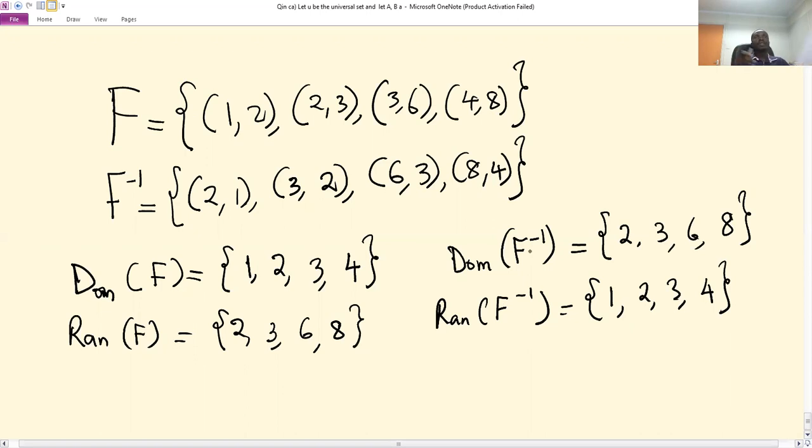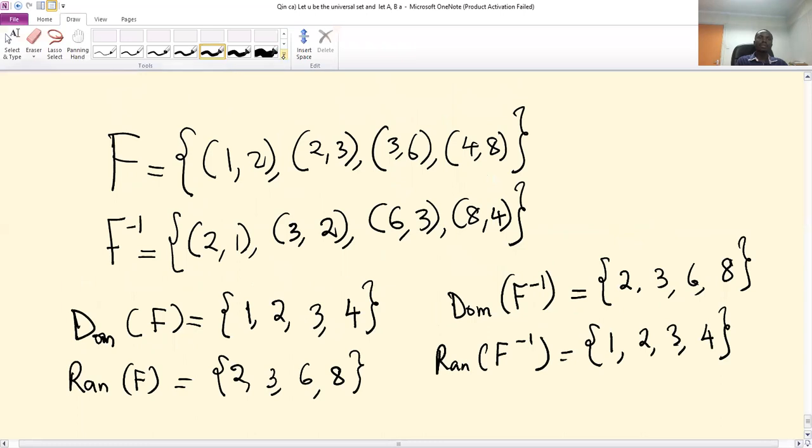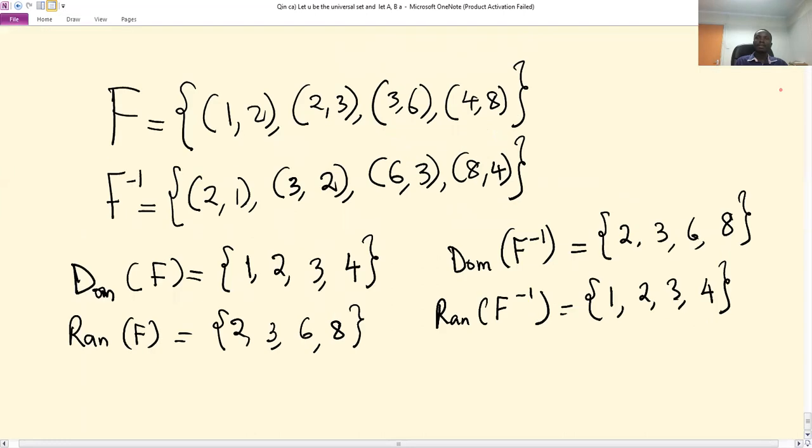Now, to determine whether the relation F or F inverse is a function or not, we check in each pair how every element is defined. The first case, going to F, we have (1, 2), (2, 3), (3, 6), and (4, 8).